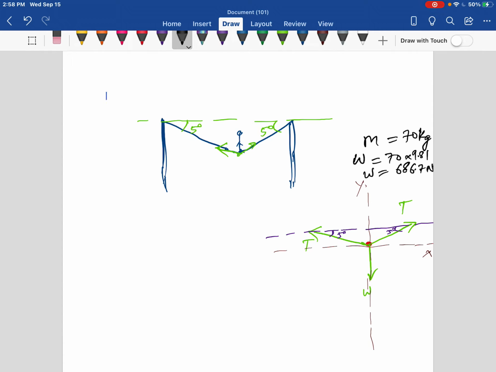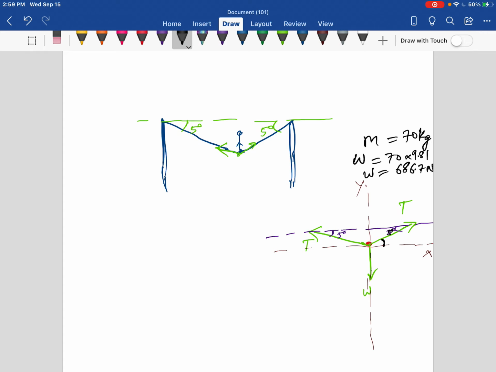Now we do not know the tension force. However, we know something about this angle, 5 degrees. We'll try to use that. But to split this force into components, we need the correct angle, the one from the positive x-axis counterclockwise.